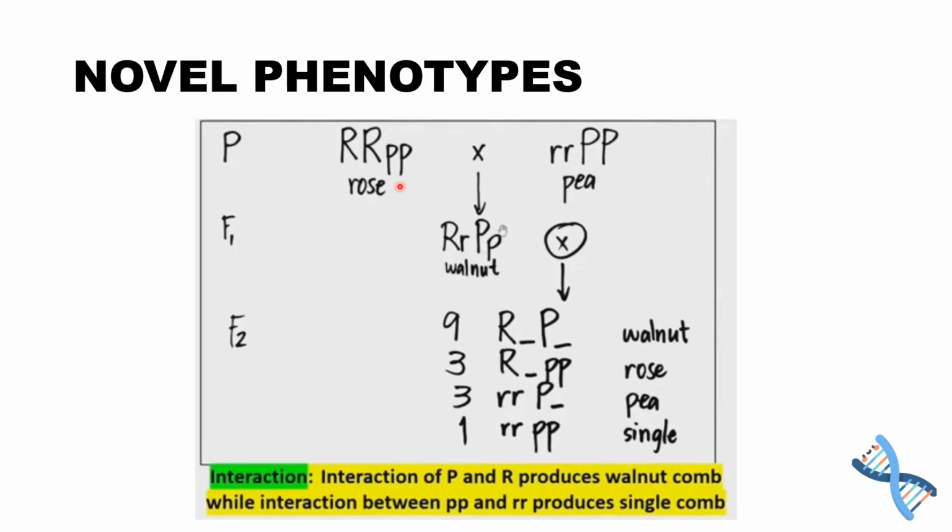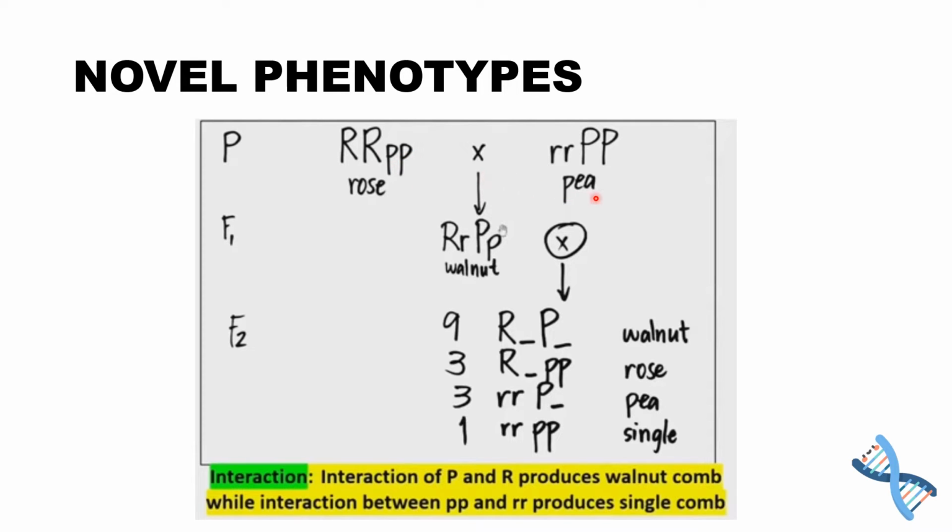So, yung rose na comb type, yung nagdi-dictate is yung R gene at saka yung P gene, yung dominant R gene at saka yung recessive na P gene.